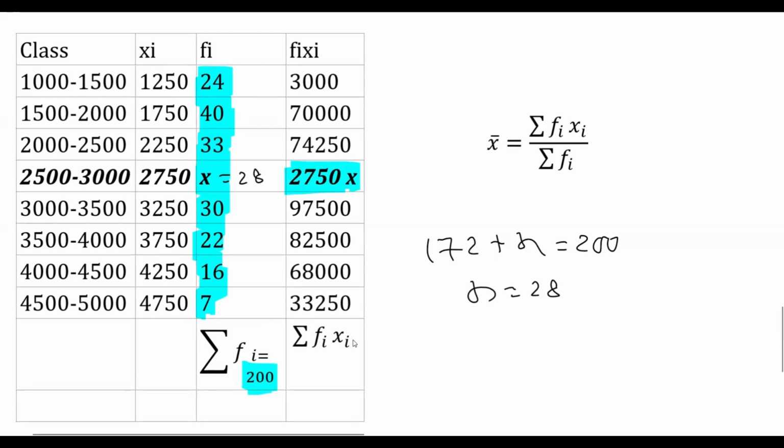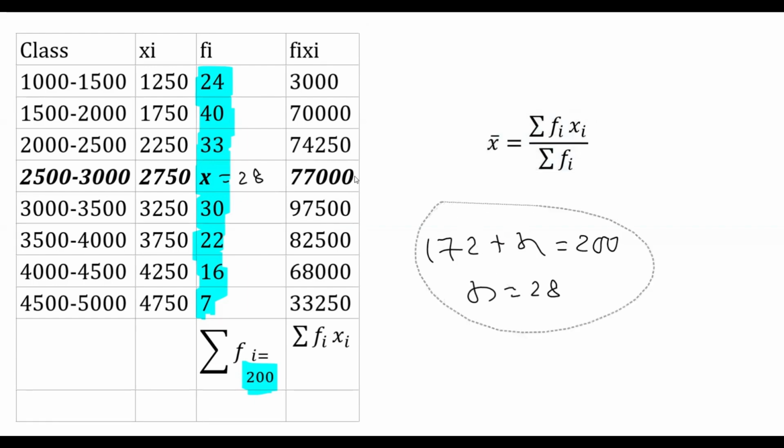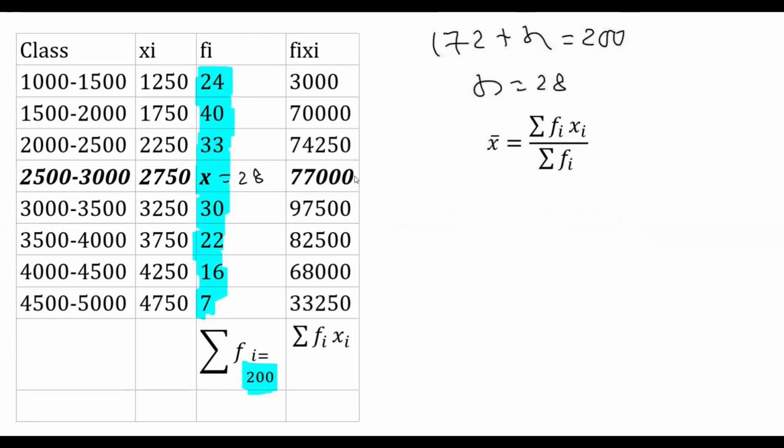That will also give us the value of this column. Now, what I'm going to do is to multiply this. So now I'm replacing this, and I'm multiplying 28 with 2750. So on multiplying, I'm getting 77000. Now, once we have obtained this, the next is to obtain sigma fi xi. Well, the calculation involved is that we will be adding these columns.